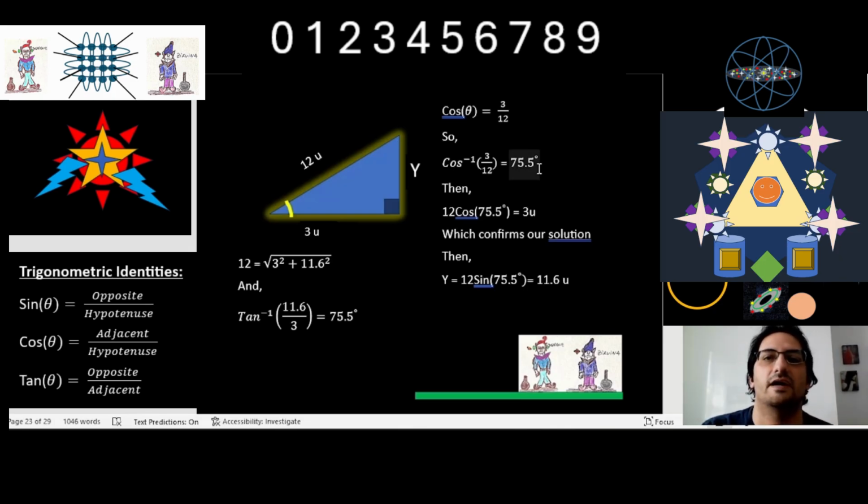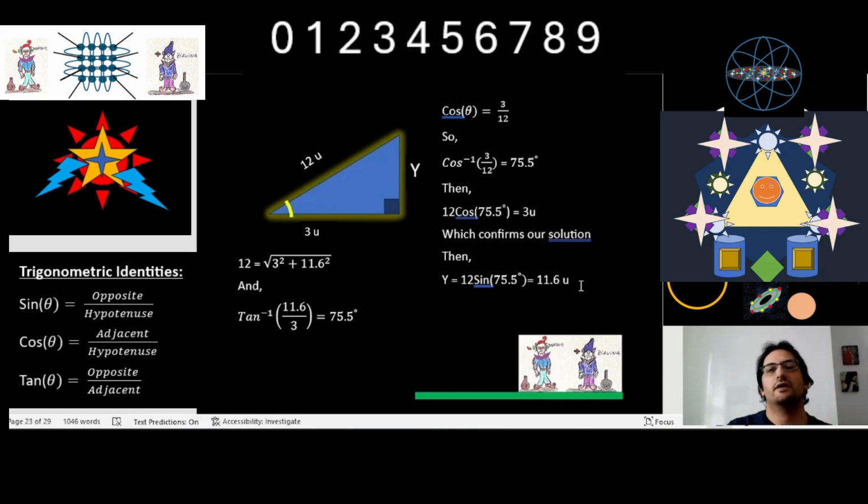And we get 75.5 degrees for this theta. Then 12 cosine of 75.5 should equal 3 units, which it does, which confirms our solution. Then 12 sine of 75.5 gives you 11.6 units for y.